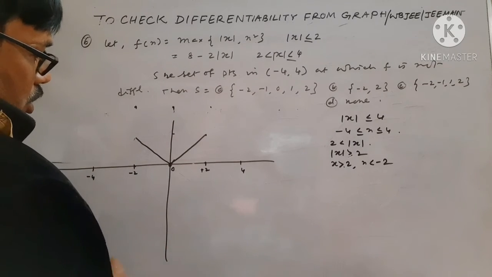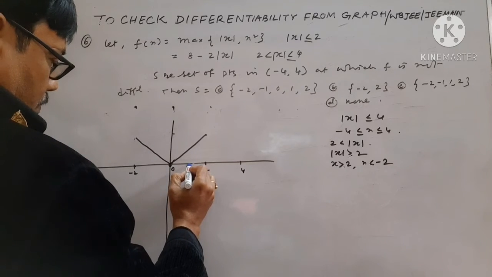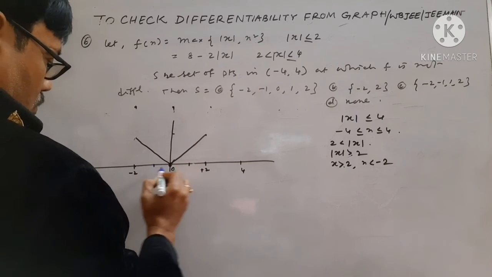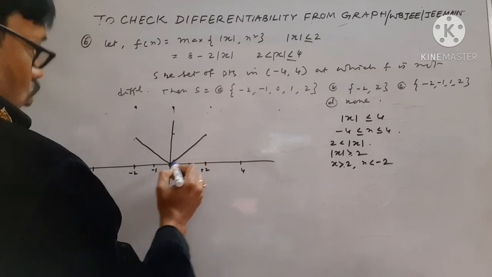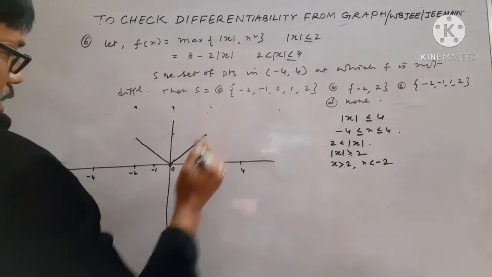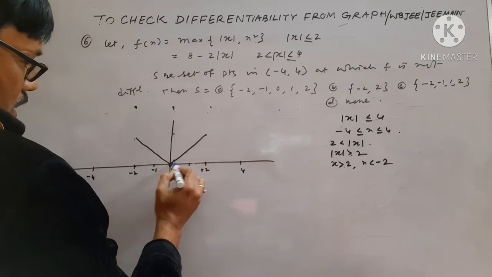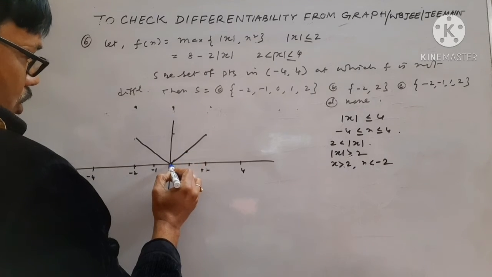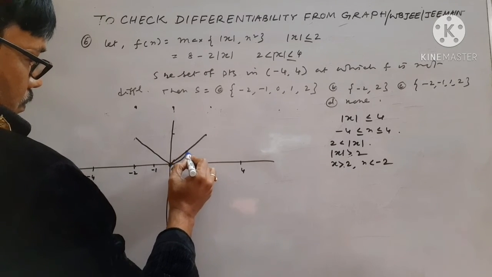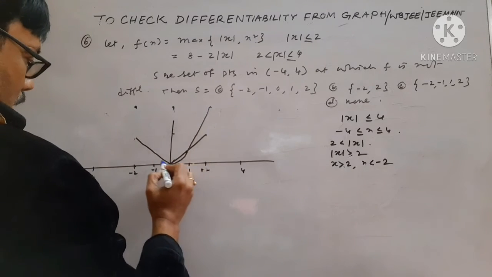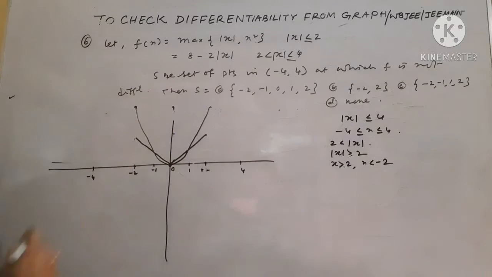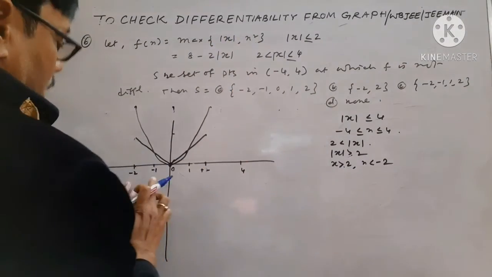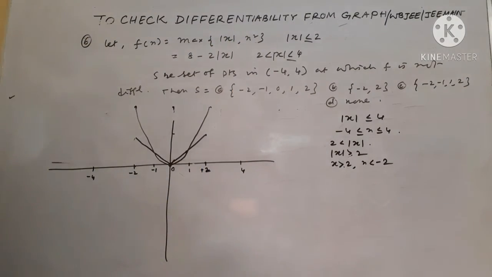So between minus 1 and plus 1, the graph of y equals x square, as we have already discussed, is below y equals x. So it cuts at (1, 0). This is the graph of |x| and |x square| in minus 2 to plus 2.